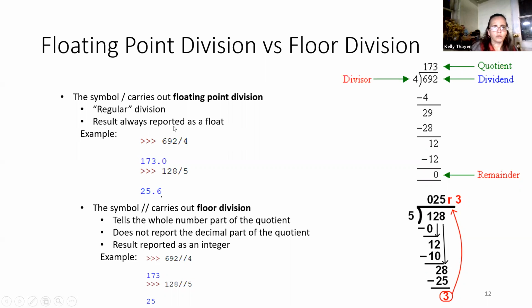So for example, if we do 692 divided by 4, we'll get 173.0. So we notice that we could in fact represent it as just 173 and we didn't need the 0.0. And if you're into significant digits, we see that we would not require the 0.0 for significant figures, but this is how Python will report that.